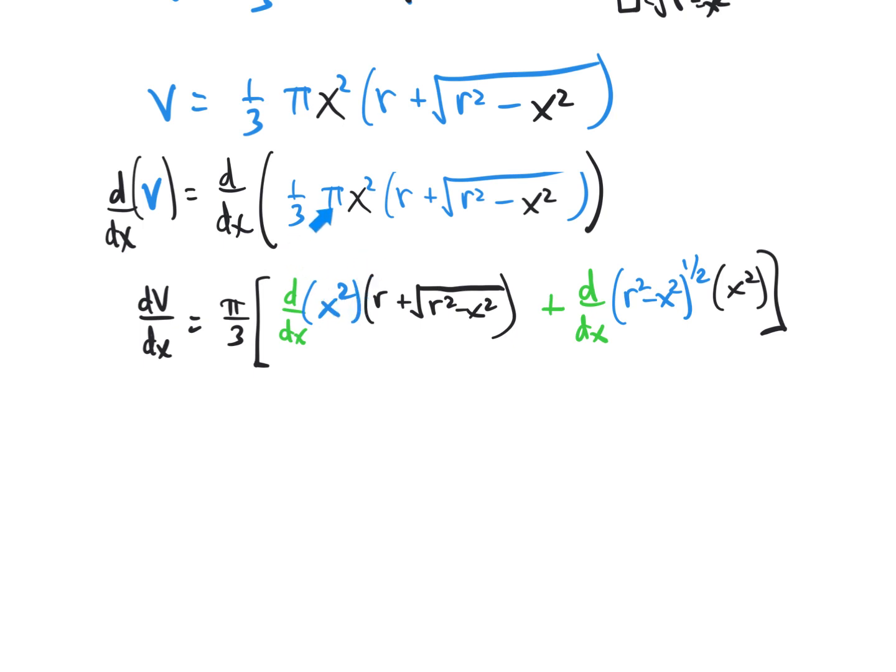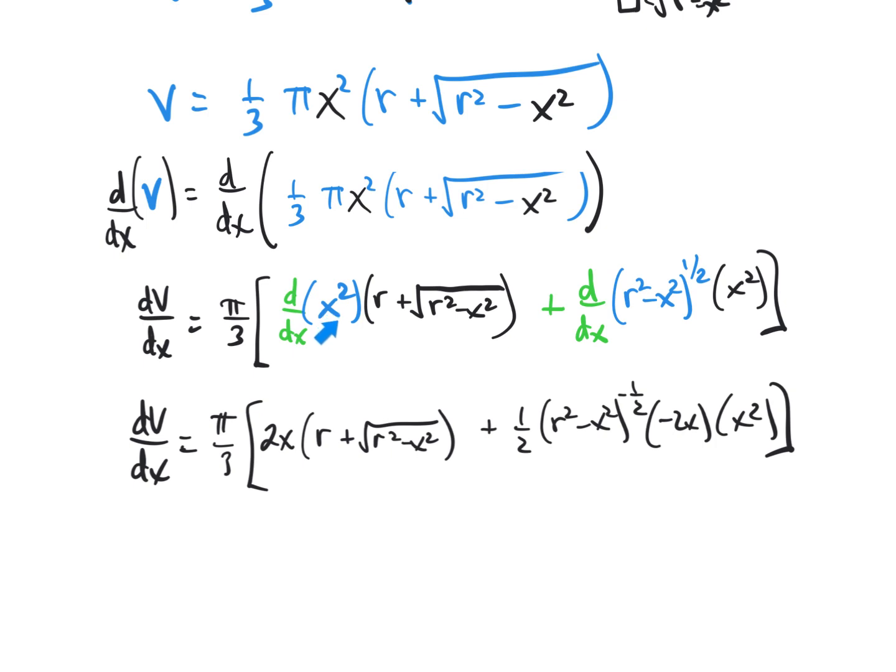We'll factor out that pi over 3 factor, which is a factor of the entire thing. And then we'll use the product rule, the derivative of the x squared times the second factor plus the derivative of the second factor, which is the square root of r squared minus x squared, times the first factor.